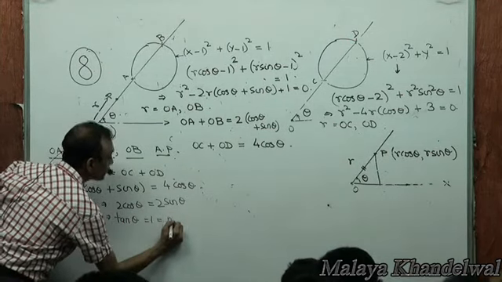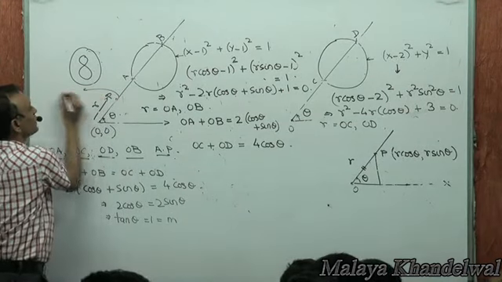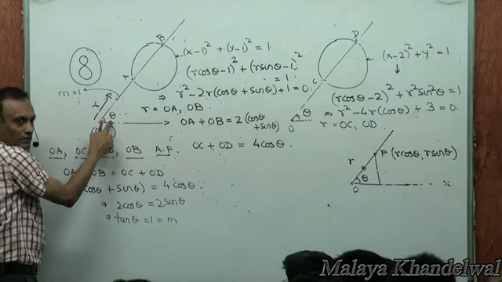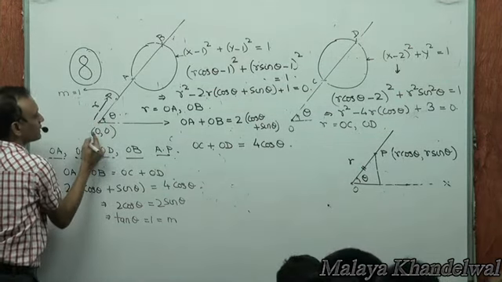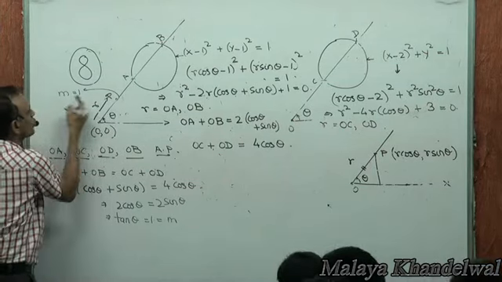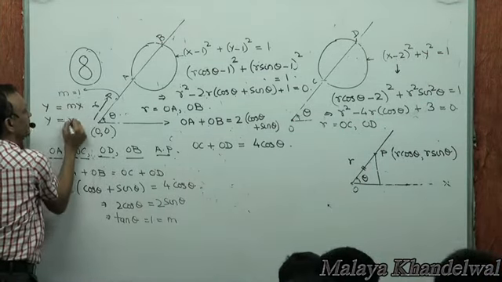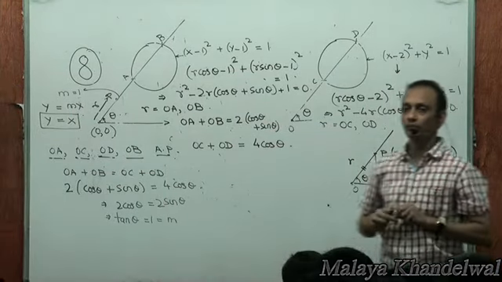That means the slope of the required line is 1, right? The slope of this line is 1. Tan theta is 1, theta is 45 degrees. And therefore the equation of a line passing through the origin with slope m equal to 1 would be y equal to mx, y equal to x, m is 1. That's the equation of the required line. Yes or no? Right?